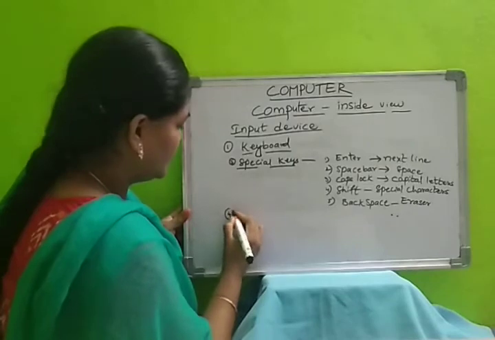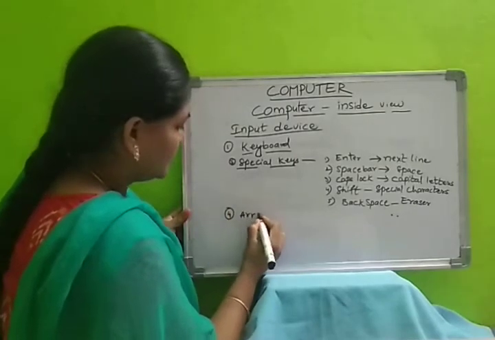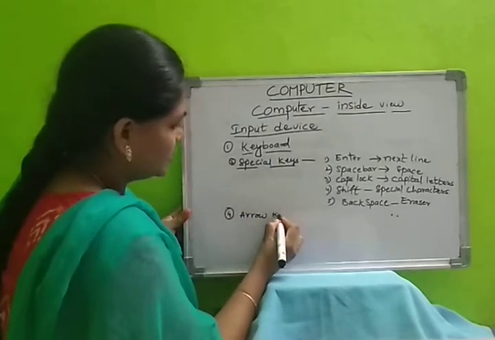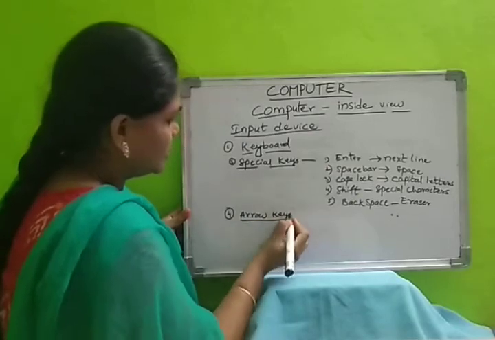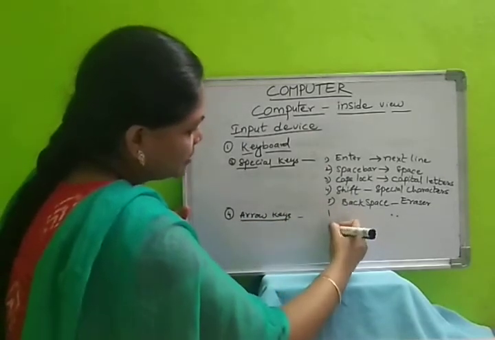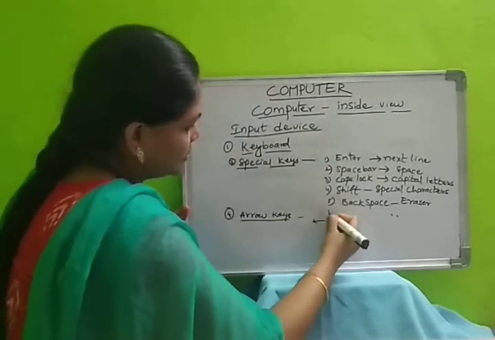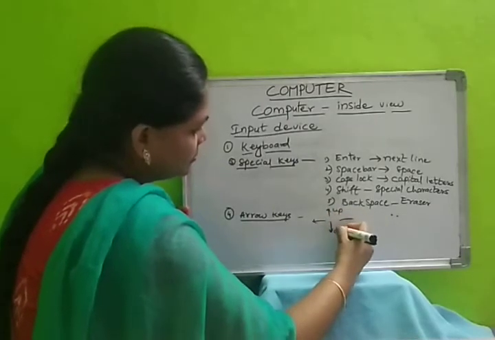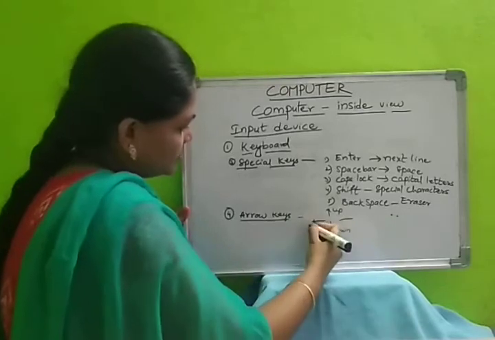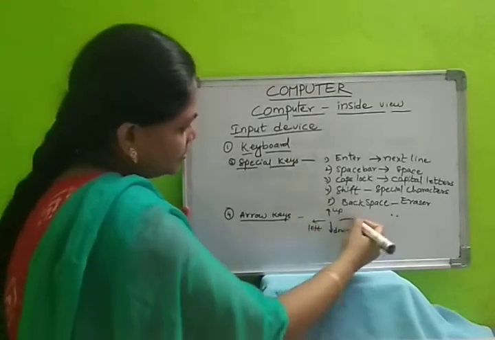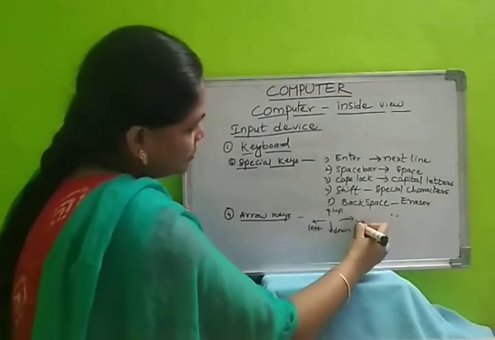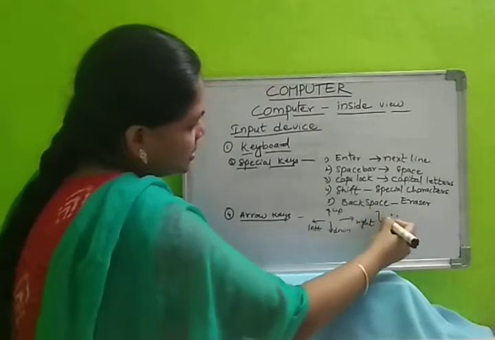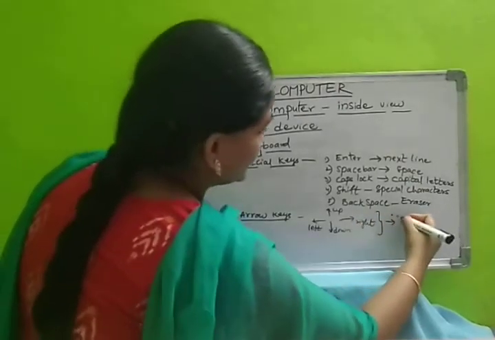Next, what is the fourth type of keys? Arrow keys. How many arrow keys are there? 4 arrow keys. Up, down, left, right. So using these arrow keys, we can move the cursor.